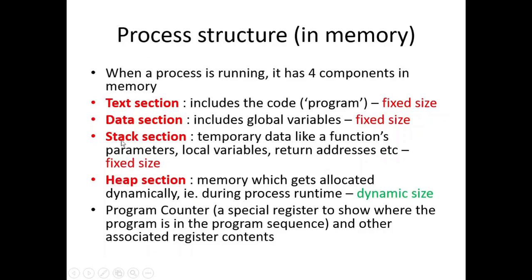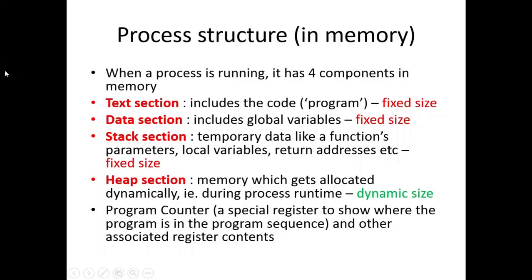Apart from these four sections, we also have something called the program counter. So program counter is basically a special register which has a pointer, or we can say that it stores the address of the next instruction which needs to be executed. So assuming we have 10 instructions in the program, or 10 lines of code, this program counter initially will be set to point to the very first instruction.